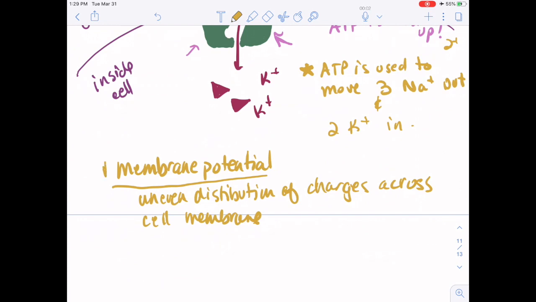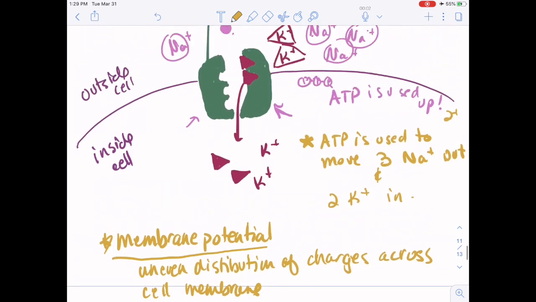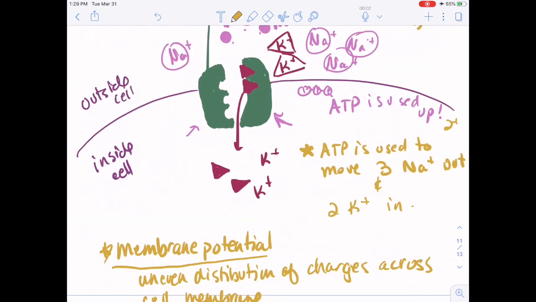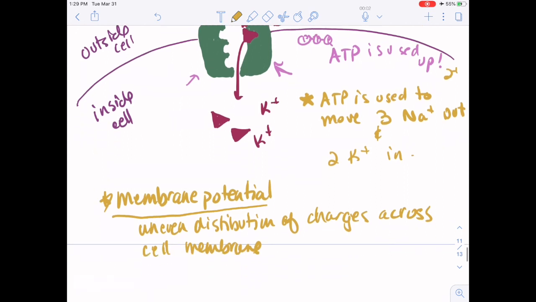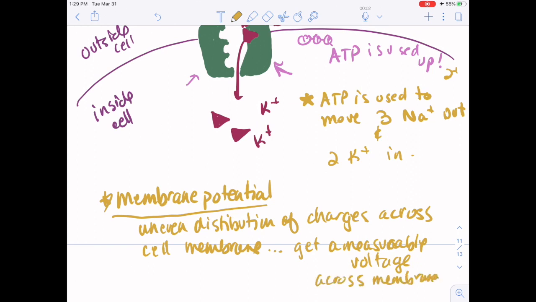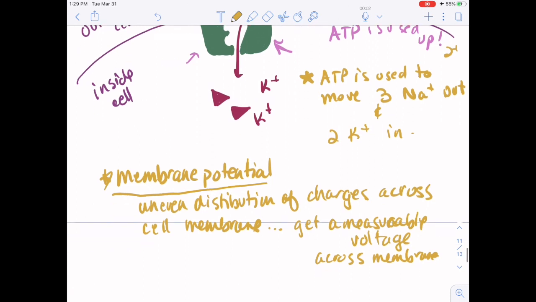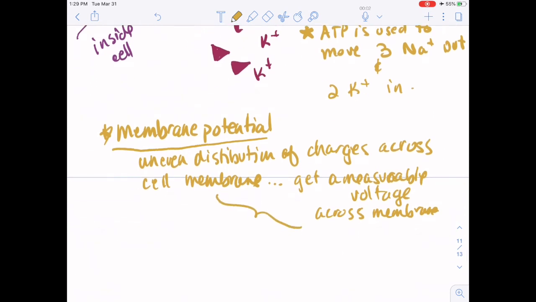All right, but this membrane potential, where you get an uneven distribution of charges across the cell membrane, this actually gives the cell a measurable voltage across the cell membrane. And that's part of what allows a nerve impulse to travel from cell to cell. Part of it.